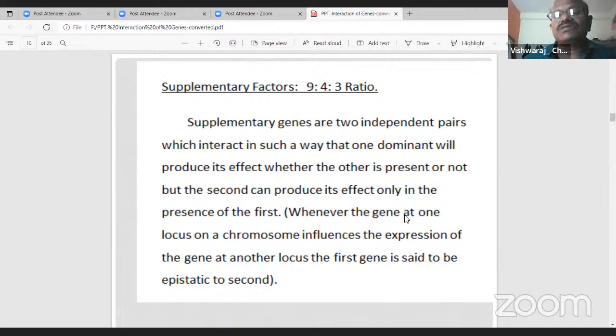Whenever the gene at one locus on a chromosome influences the expression of a gene at another locus, the first gene is said to be epistatic to the second.